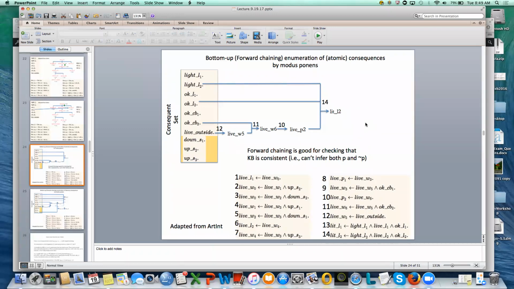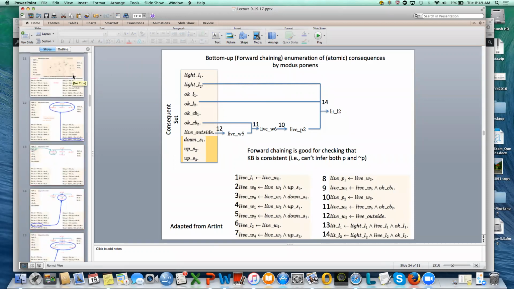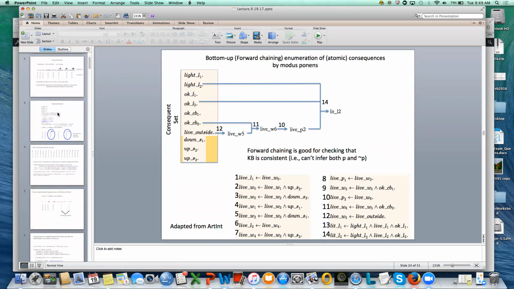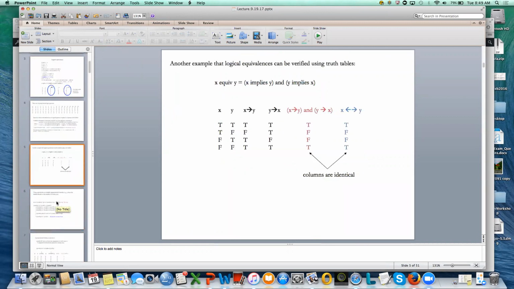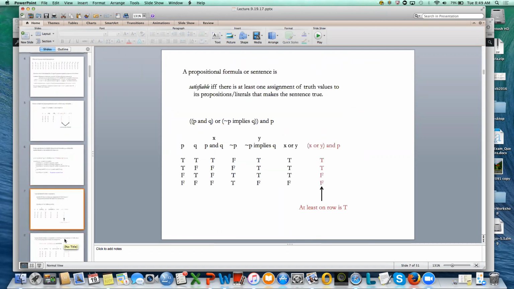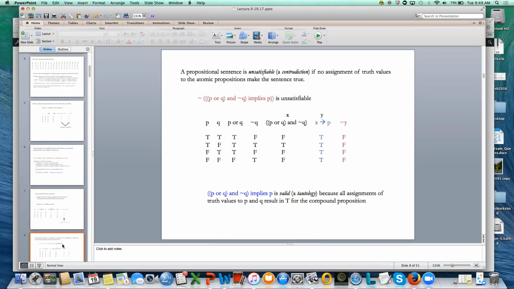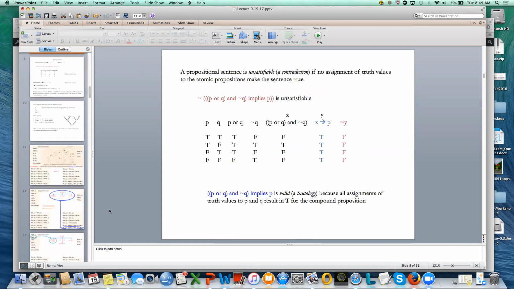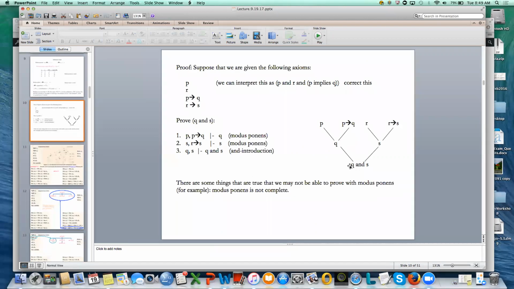Okay, and you saw from a previous example that atomic propositions are not always the only kind of proposition that we want to form or prove.